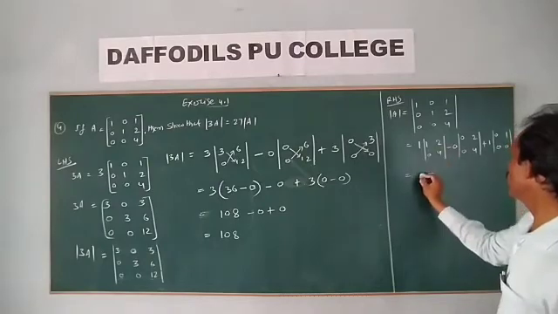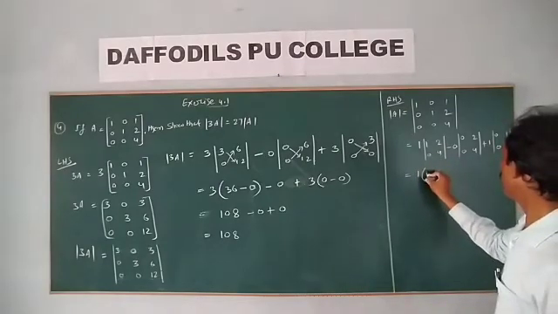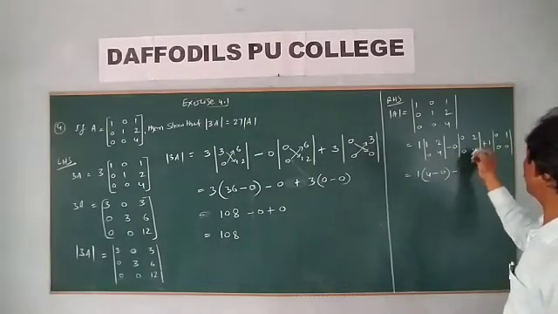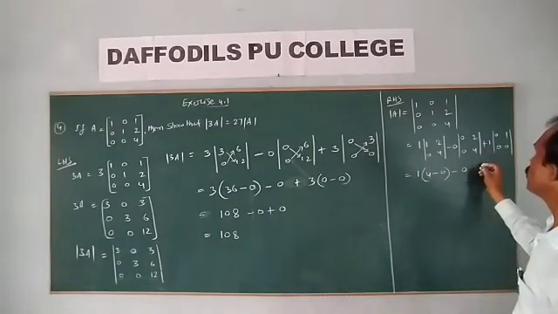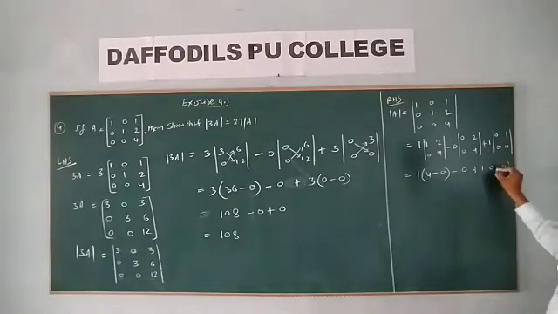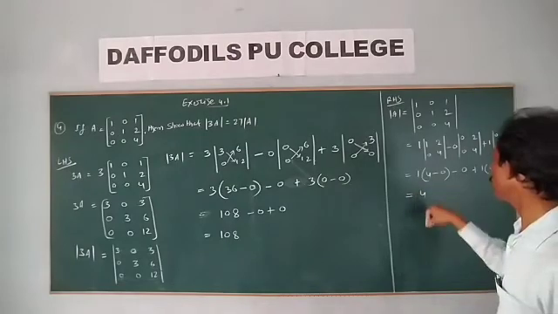Calculate: 1 of (4 minus 0), minus 0 into something is 0, next plus 1 of (0 minus 0). So finally this value is equal to 4.